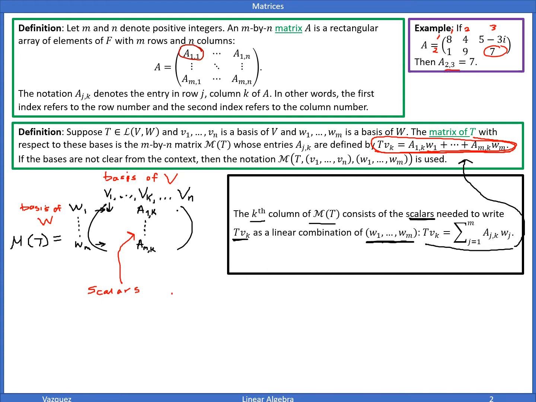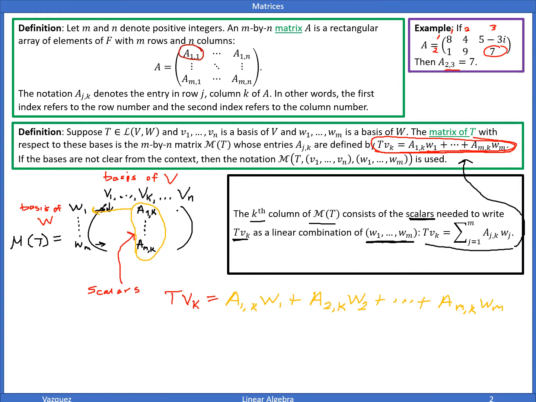Now the way this linear transformation goes is, the transformation of vector v_k, you get all these scalars for your linear combination: A_1k times the basis vector of W, which is w_1, plus, and you keep doing the same thing, A_2k for the second row, kth column, times the second basis vector w_2, and so on and so forth, all the way to A_mk, our last row, kth column, times w_m, because that's our last basis vector of W.